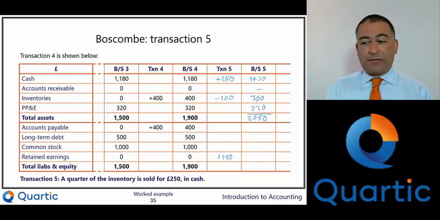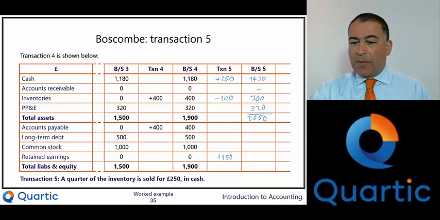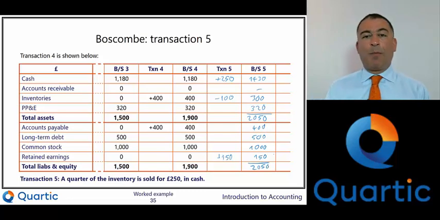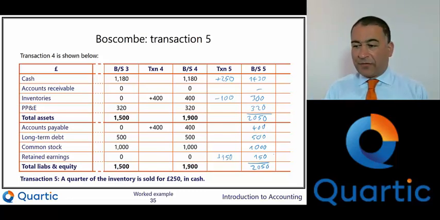We've made 150 profit. You can see assets have gone up by 150. Accounts payable remain at 400. Long-term debt remains at 500. Equity or common stock remains at 1,000, but now we have retained earnings also in equity, which is now 150. And add those up, that comes to 2,050. So there's our balance sheet after transaction number 5.